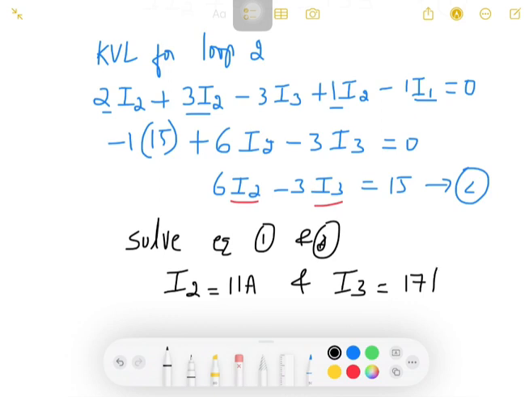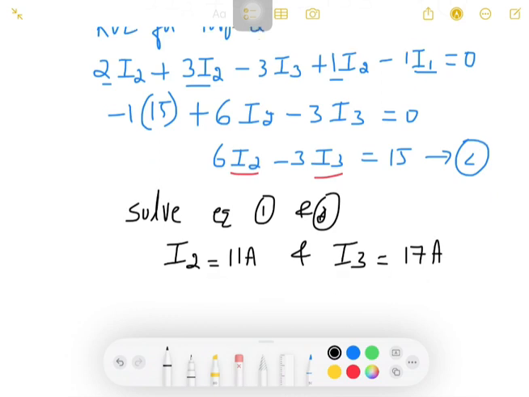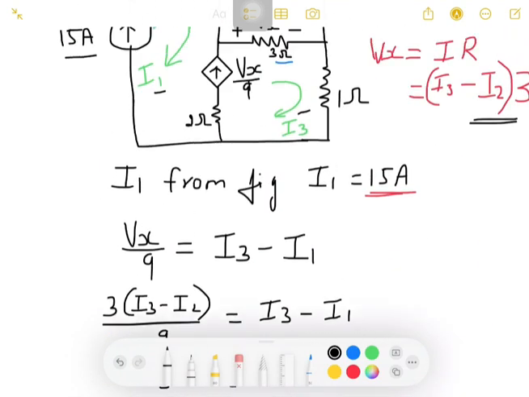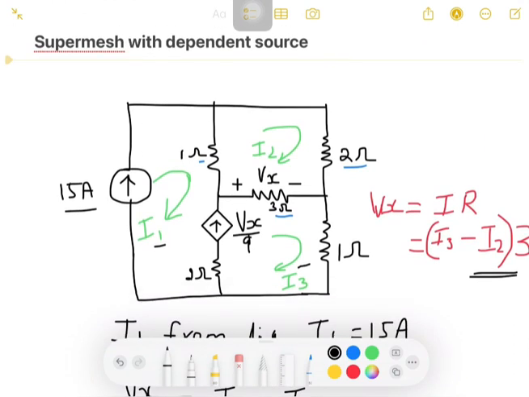I1 is given from the figure, that is I1 is equal to 15 amps. So this is the solution for this problem, where it was asked to determine the unknown currents I1, I2, I3. So we got the answer here.